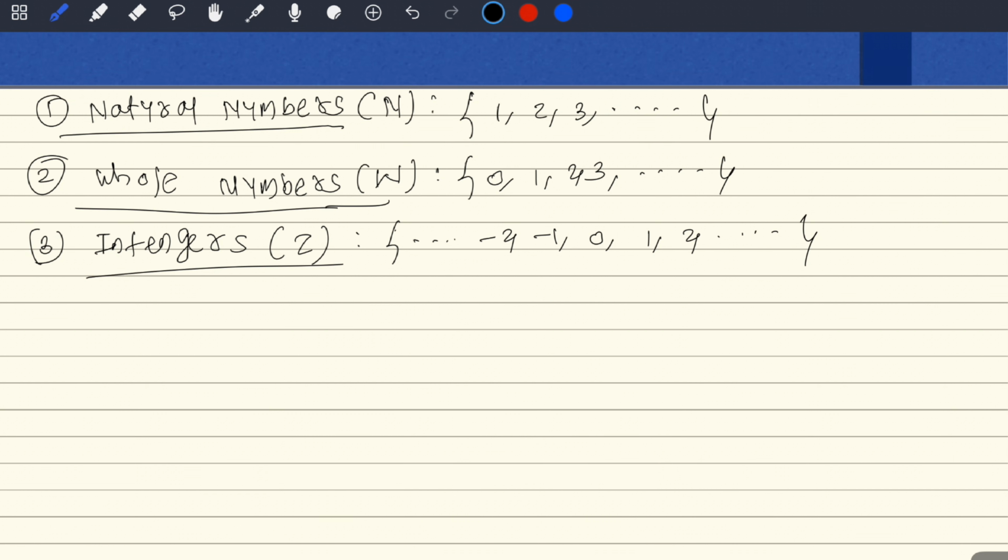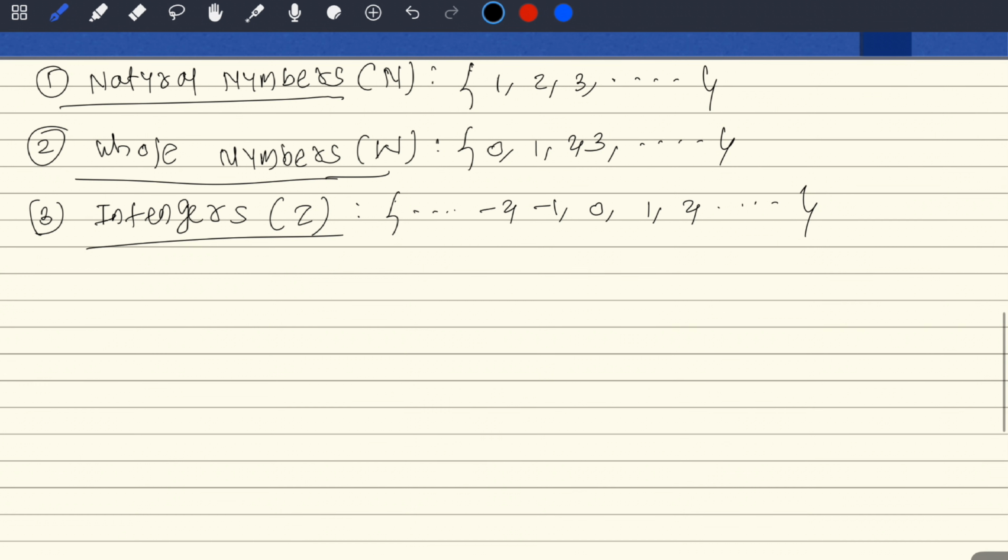So what is a set? It is the mathematization of the word collection.